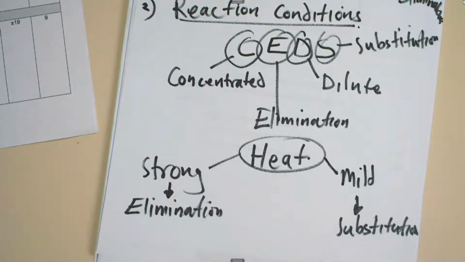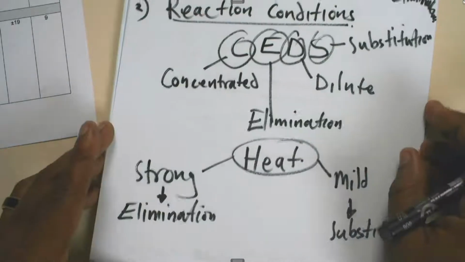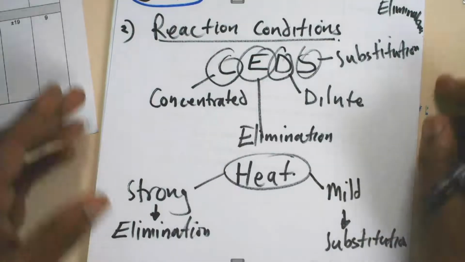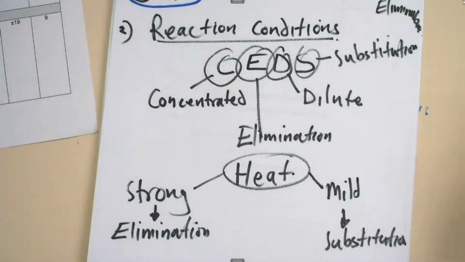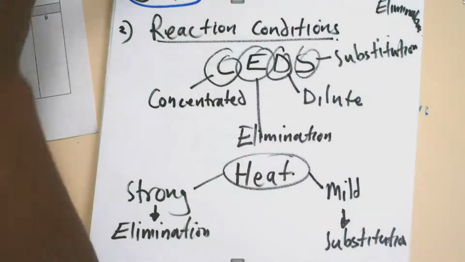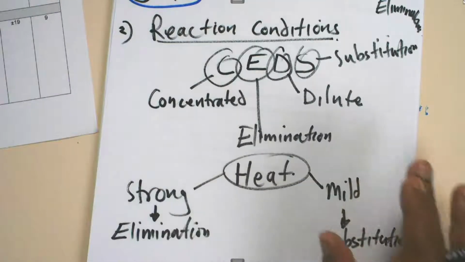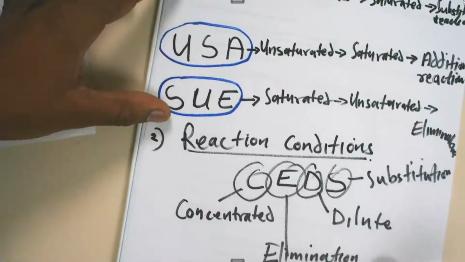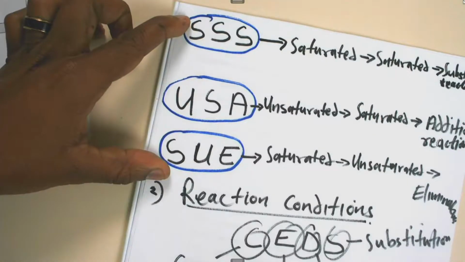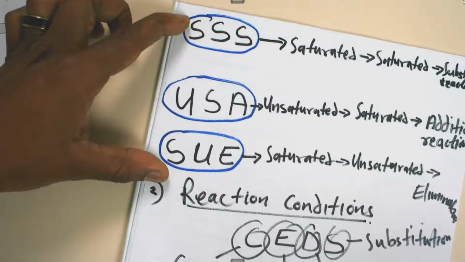So it makes everything quite easy for me to remember in an exam. It's just an analogy: if I get into the exam and write this down, then I will know how to identify each and every reaction that is given.